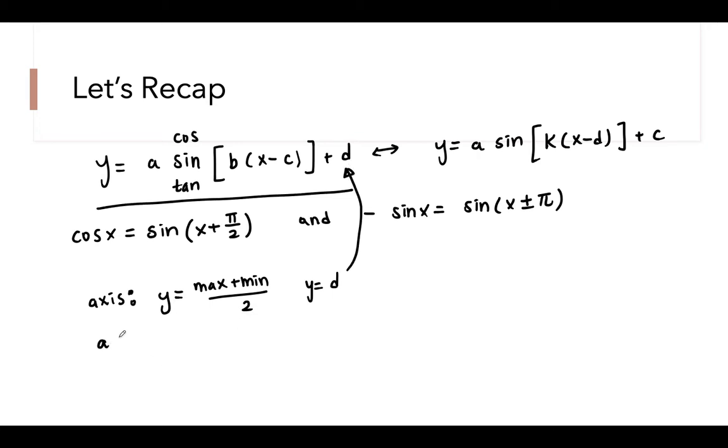Amplitude: the formula is amplitude a is equal to the maximum minus the minimum divided by 2. Keep in mind, amplitude is always going to be a positive number because it represents the distance from the equation of axis to the maximum or the equation of axis to the minimum.